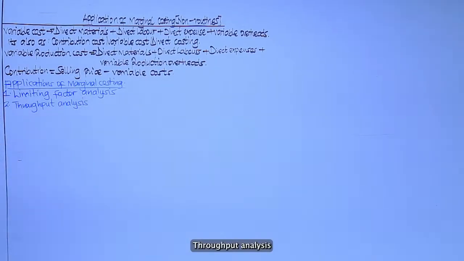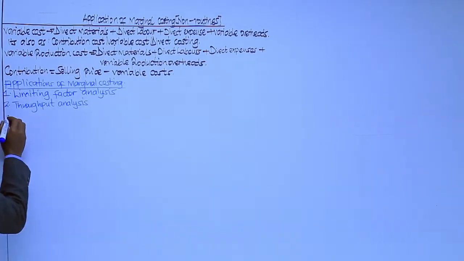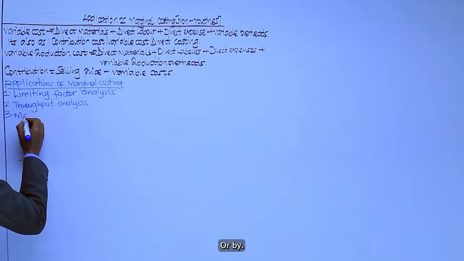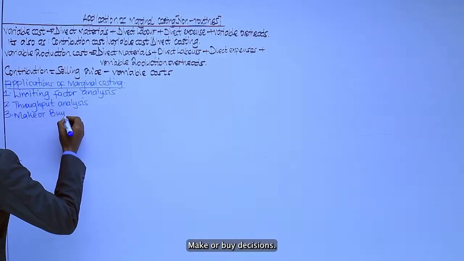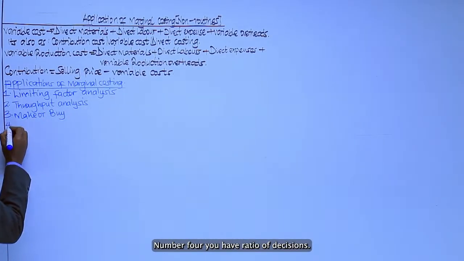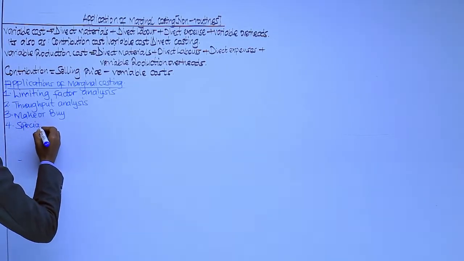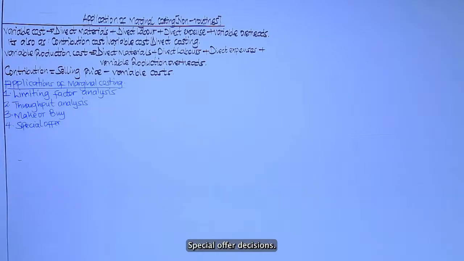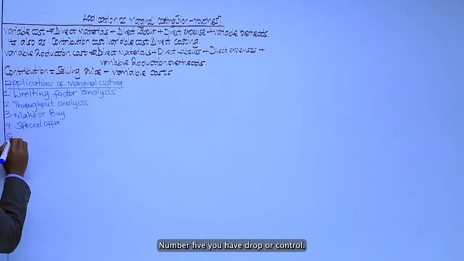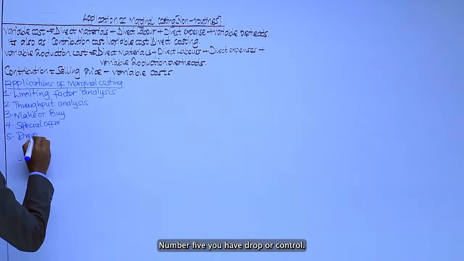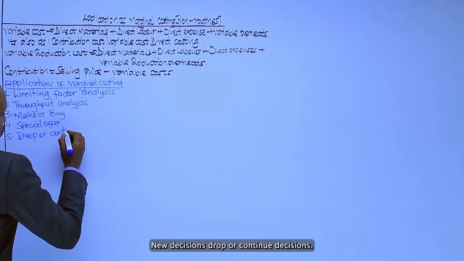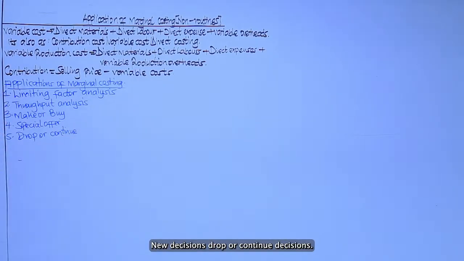Number 3, you have make or buy decisions. Number 4, you have special offer decisions. Number 5, you have drop or continue decisions.